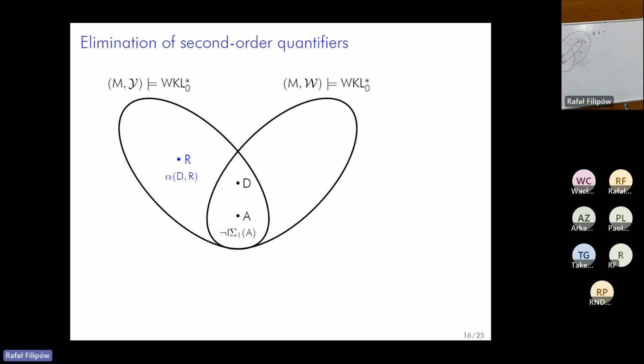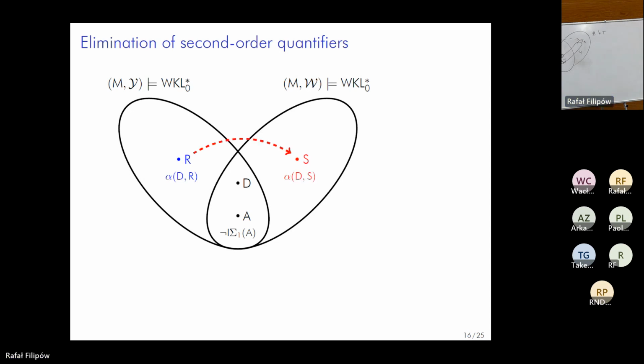So this is a set that tells you RCA0 doesn't hold. Then if you've got what in this context corresponds to a quantifier free property, meaning an arithmetical property, first order quantifiers don't count, second order quantifiers do, that's the ones we want to eliminate. And there is some arithmetical relation between a set in the common part of these structures and a set in, say, script Y.